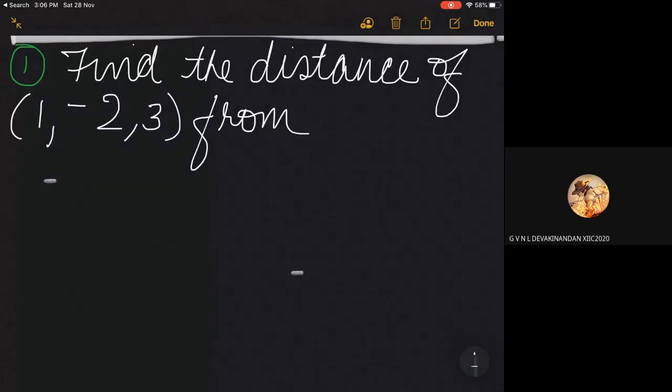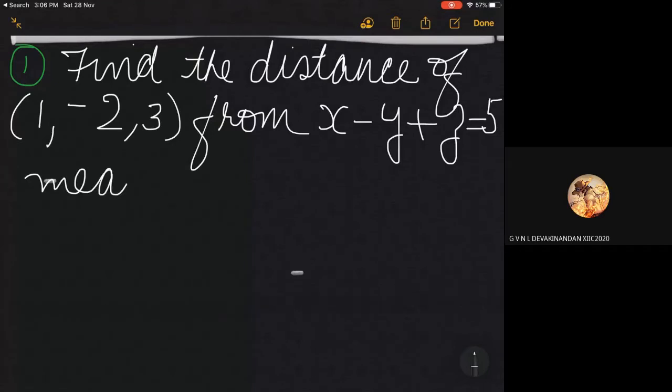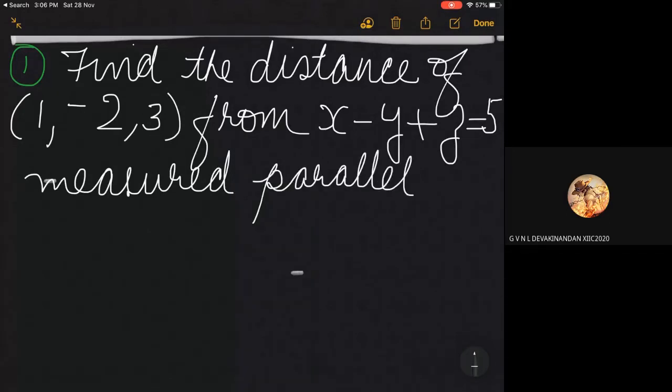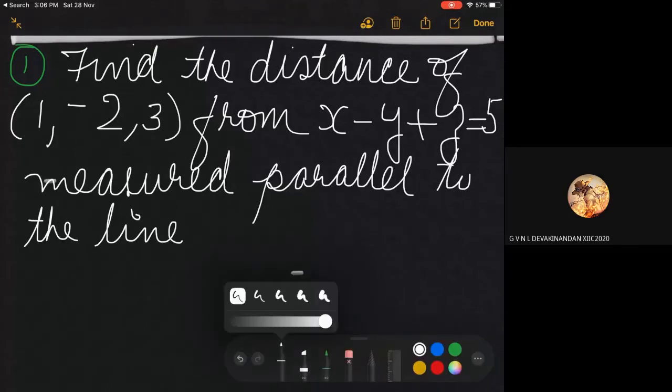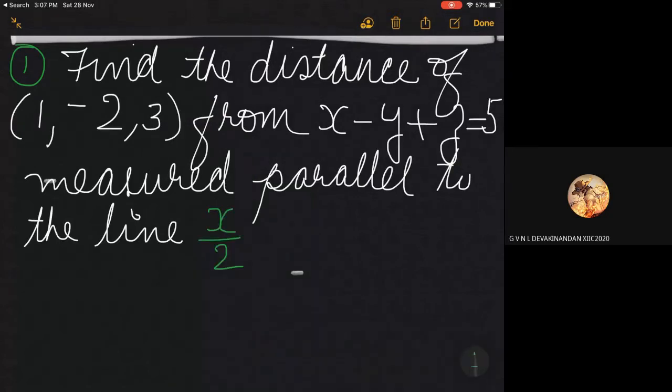I'm not writing the word plane, but you should understand this. x minus y plus z equal to 5, measured parallel to the line x by 2 equal to y by 3 equal to z by minus 6.